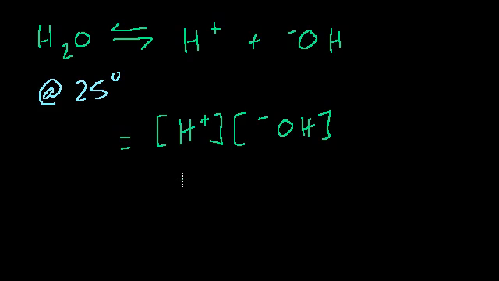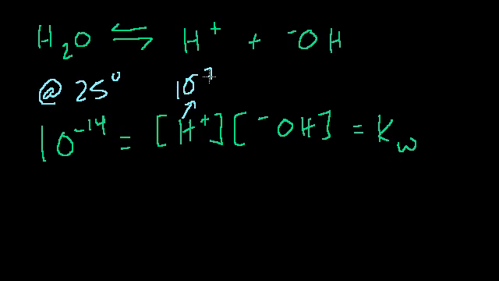So you could just say divided by 1, and this is equal to the equilibrium constant of water, and we learned that that's 10 to the minus 14, because water by itself will have a hydrogen concentration of 10 to the minus 7 and a hydroxide concentration of 10 to the minus 7.